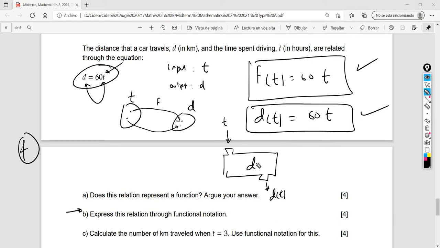And it's perfectly okay. So in this case, just don't make the mistake of confusing this d, which is the name of the function. Probably in order to avoid confusion, we should have capital D, just to make very sure not to get confused. So this is the name of the function, the name of the machine, and do not confuse that d with the variable d, which is the variable of the outputs.